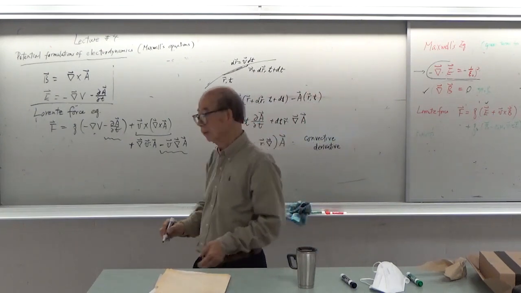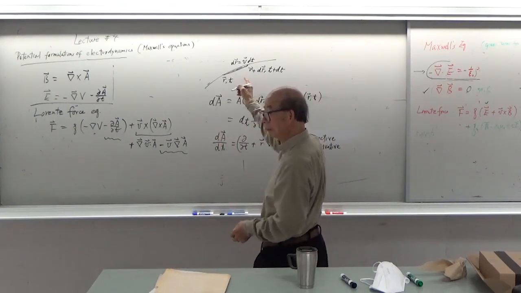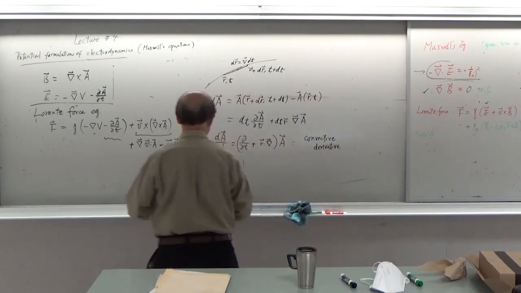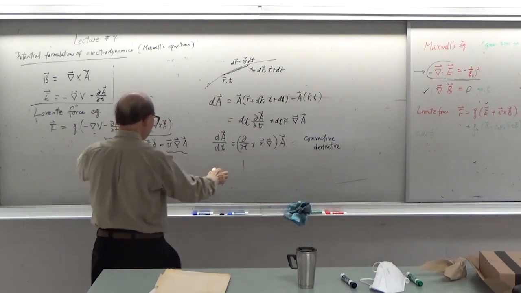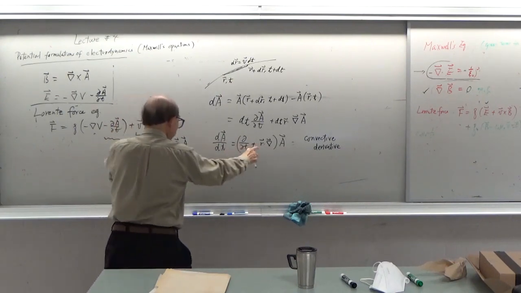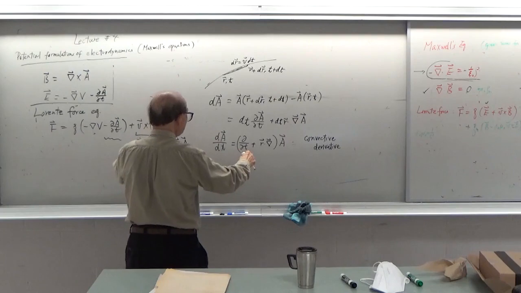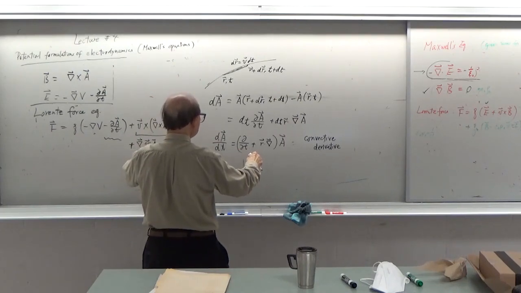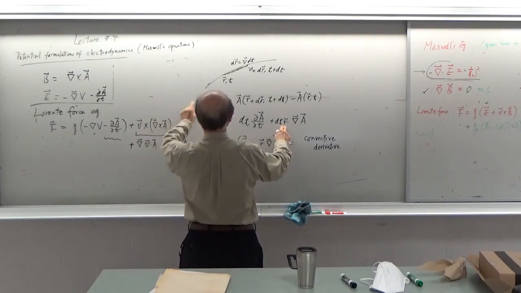It's a total derivative, calculated at the location of the particle. So we have ∂/∂t acting on A here. Here we have v. I said that already.